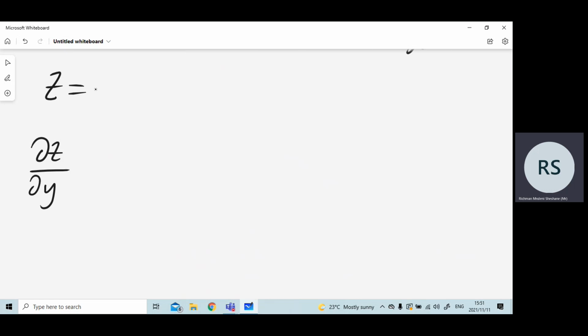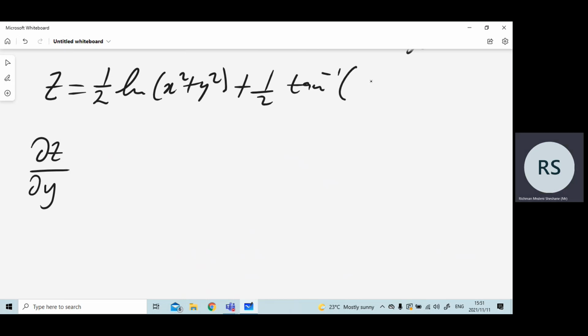Z is the given function, which after applying log properties is half log of x squared plus y squared plus 1 over 2 tan inverse of y over x. This was my given function z.